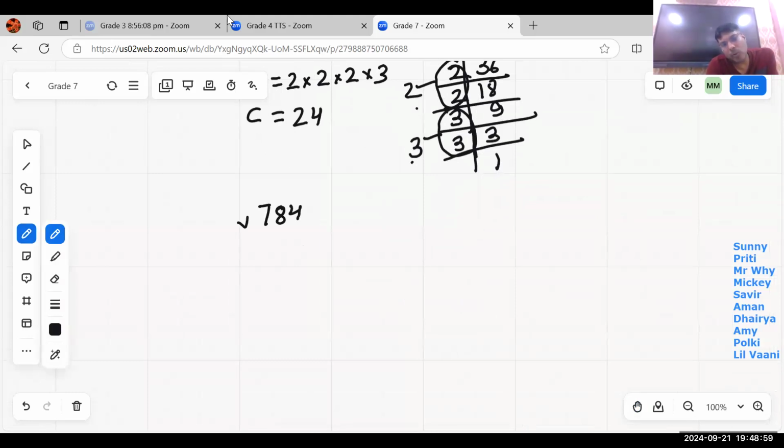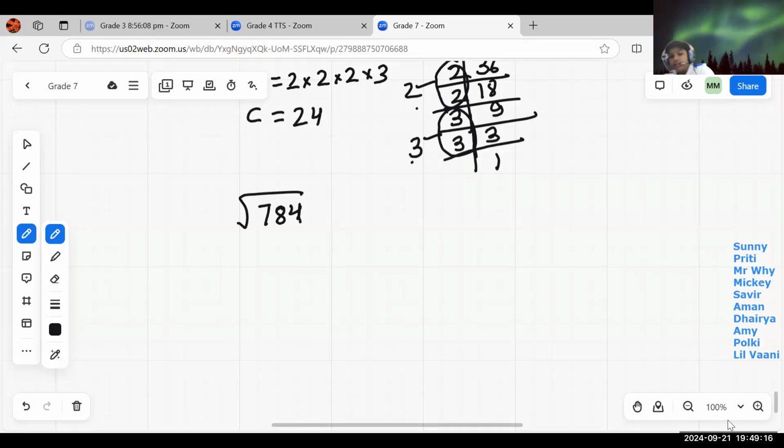This is how the square root sign looks. So we have to find the square root of this.